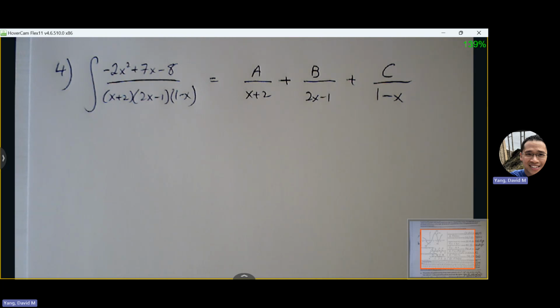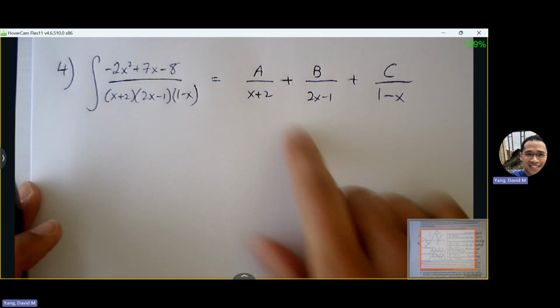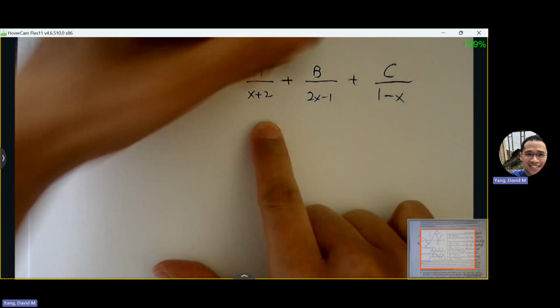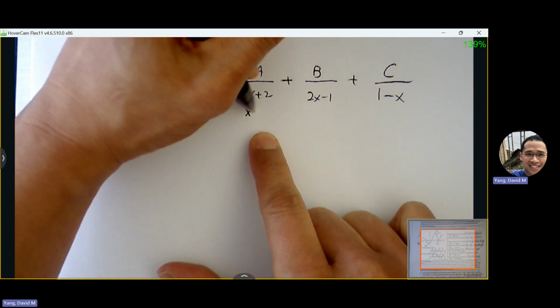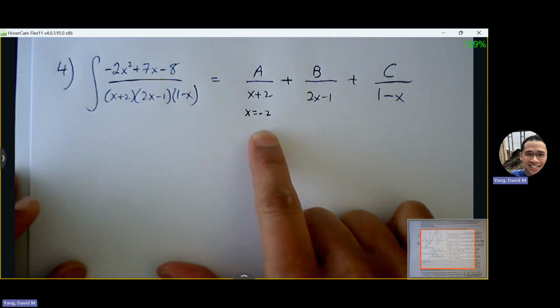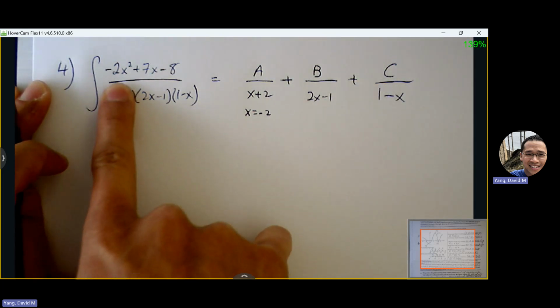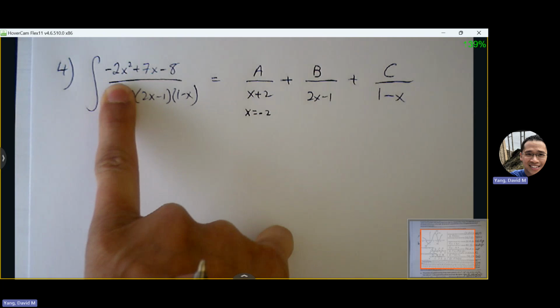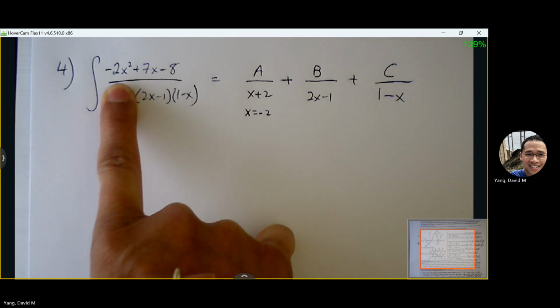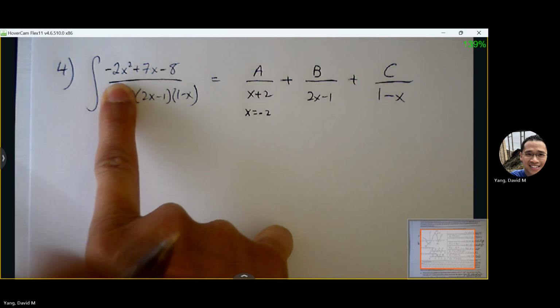So I go through what I call the cover-up method. We find the factors that we want to work with. In this case, my factor is -2. I'm going to go to my original fraction, cover up my x plus 2, and replace my entire remaining expression with -2 and see what I get.